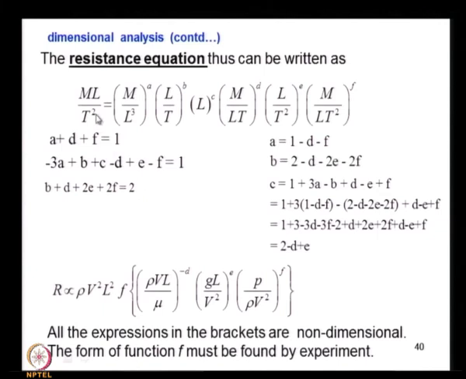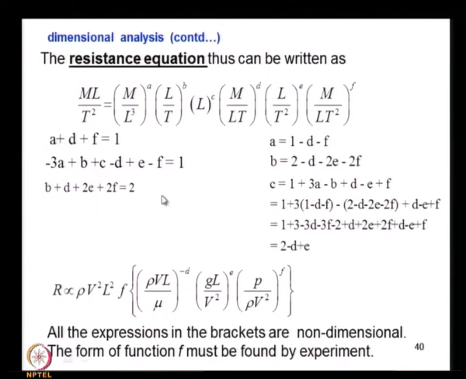Similarly, for L, L is equal to 1. So, that is a 1 here, L raised to b, L raised to minus 3a, L raised to c, then you have L here minus d, L here e, then L denominator minus f. So, this is equal to 1.